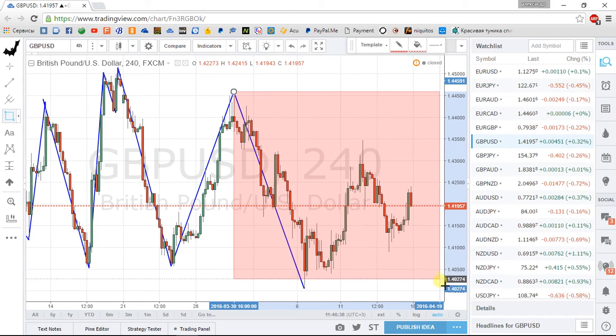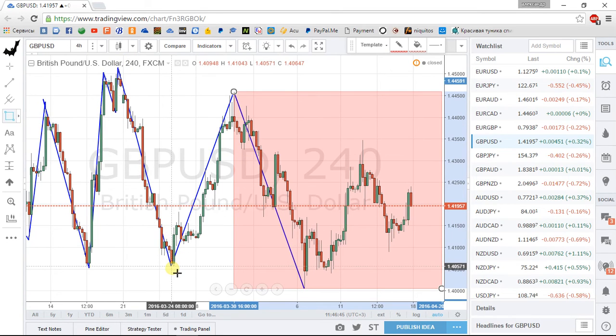Within this last impulse range, we have a downtrend installed because we had an impulse, retest, then we had a correction, and then we had another impulse, and we have a close beyond the previous impulse.